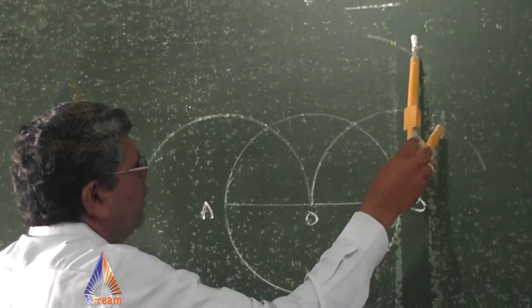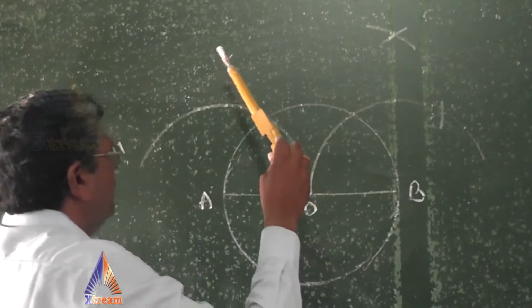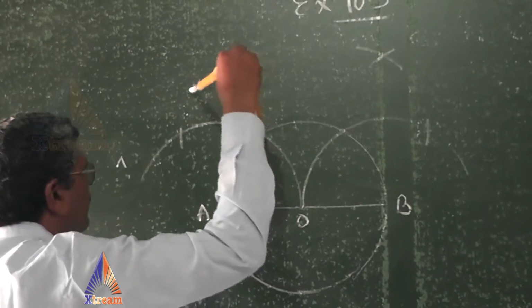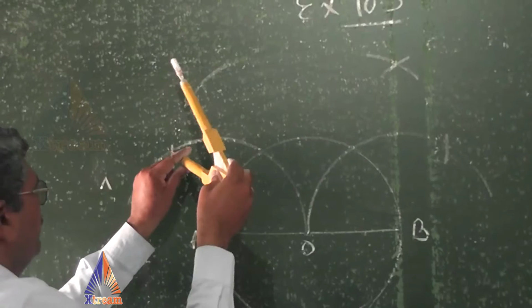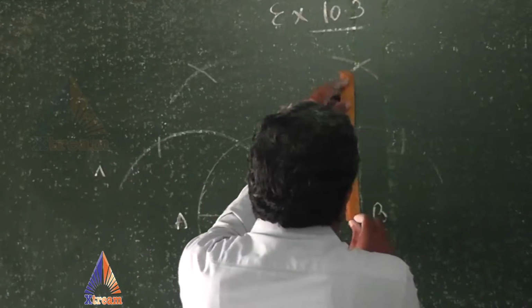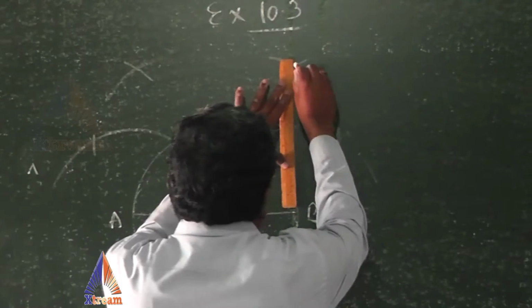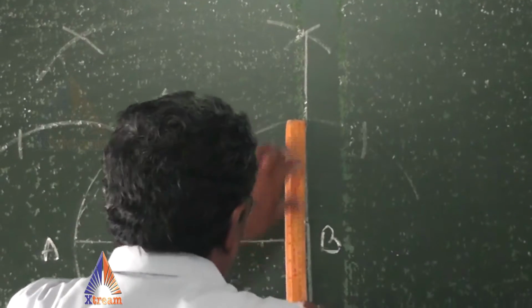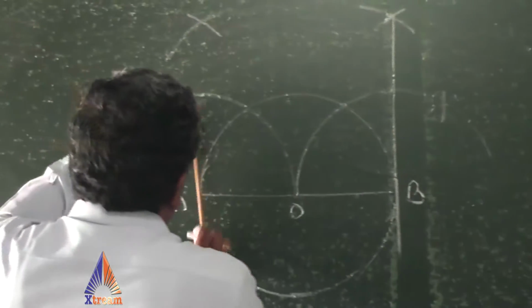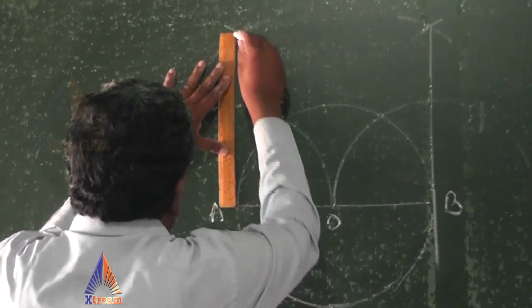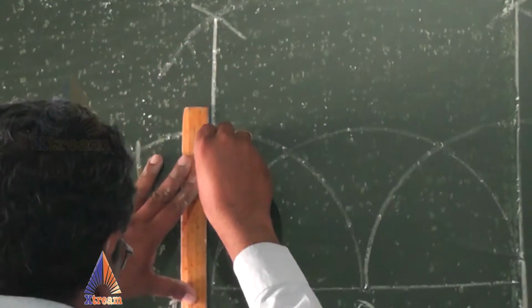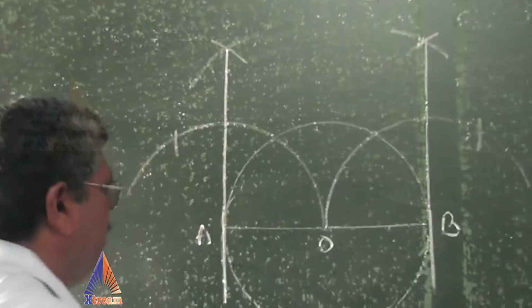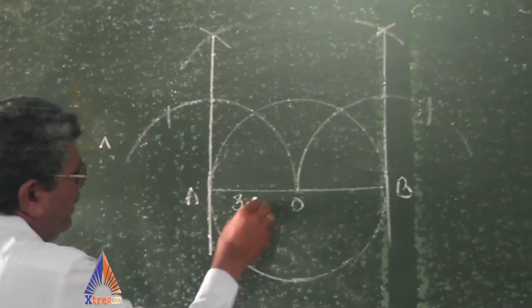This is how you can construct the tangent or perpendicular. So radius is equal to 3.5.